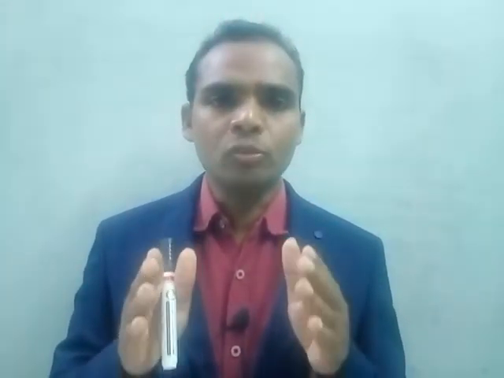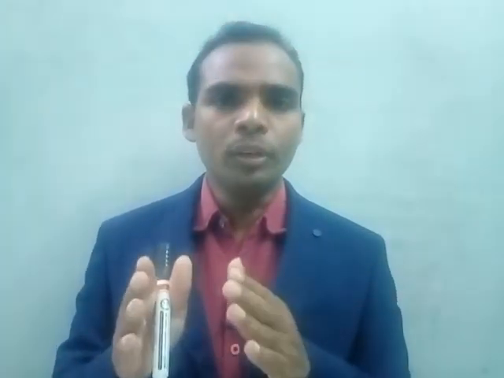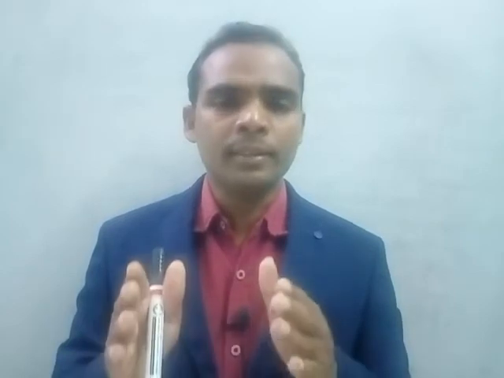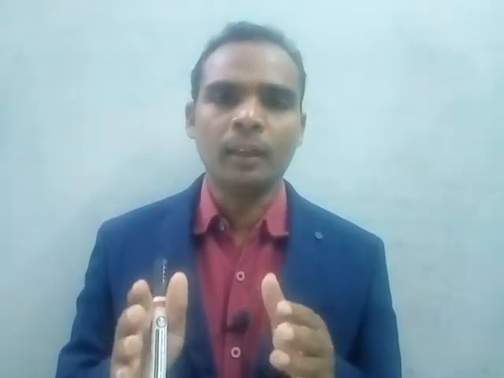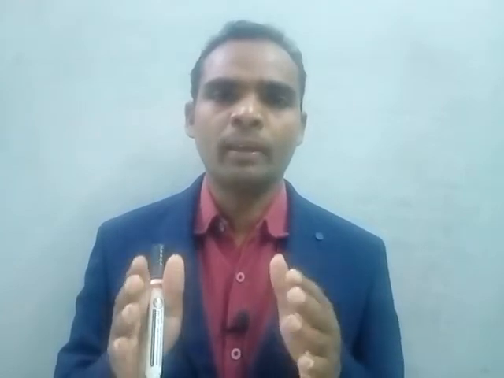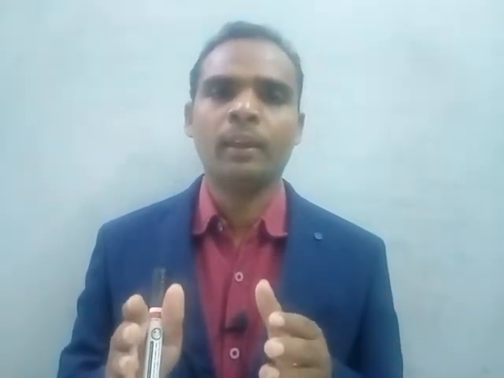Once again, I am telling you, action words are called verbs. Auxiliary verbs, we can also say helping verbs. Helping verbs, I am giving some examples: is, are, am, was, were, can, could, may, shall, all are the auxiliary verbs or helping verbs.